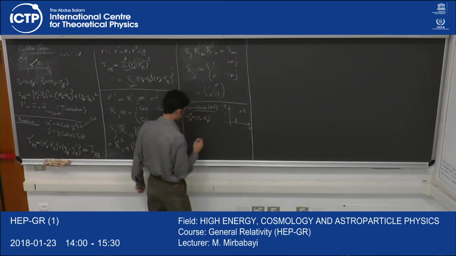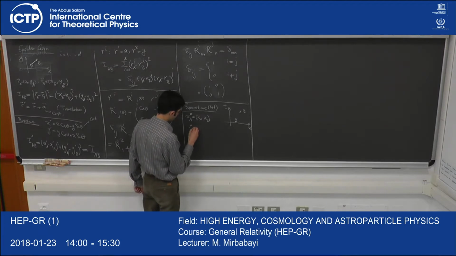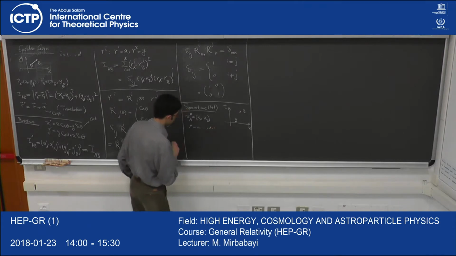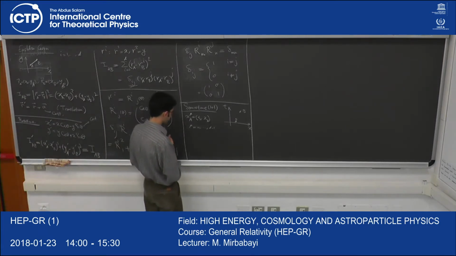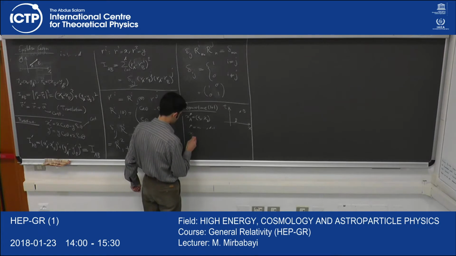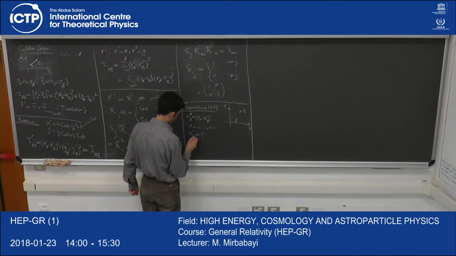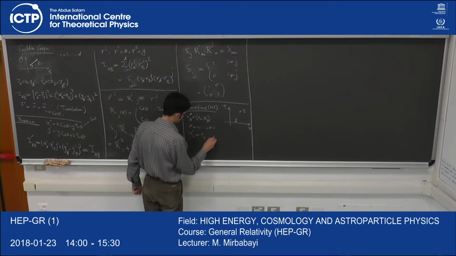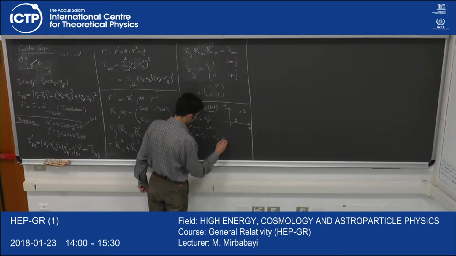If we are talking about space-time dimension d, then mu will go from 0 to d minus 1: d minus 1 spatial dimensions and one time dimension. So x0 is the time, and then the spatial components will be what I used to call R.